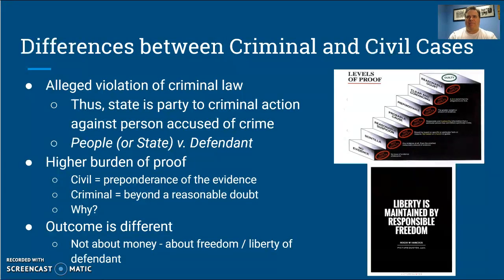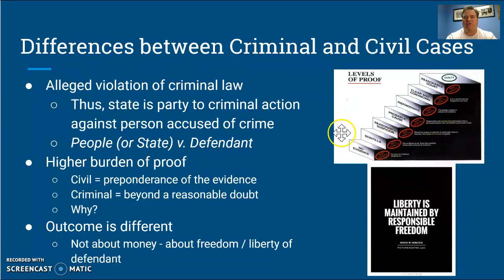And if somebody's found guilty in a criminal matter, then they potentially lose their freedom. Now, in a country like the United States that's founded upon principles of freedom and liberty and maximizing freedom and liberty, this is a really big deal. Thus, the burden of proof to prove a criminal case is much higher than that in a civil case.